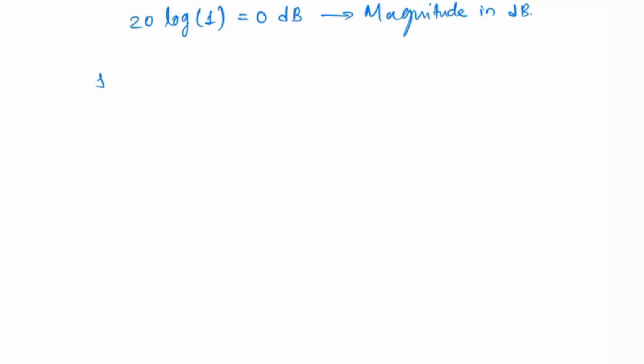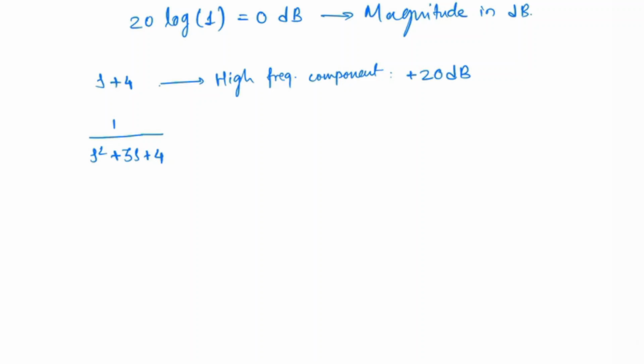If we take two portions, s plus 4 and 1 divided by s square plus 3s plus 4, the magnitude plot would look something like this.